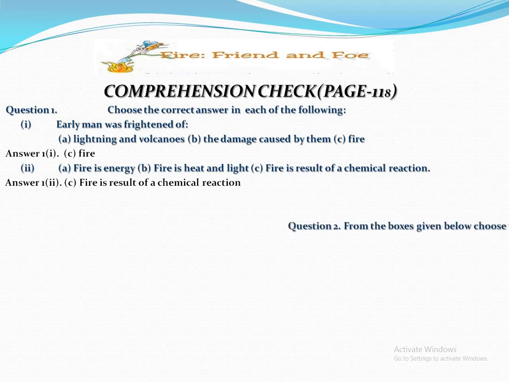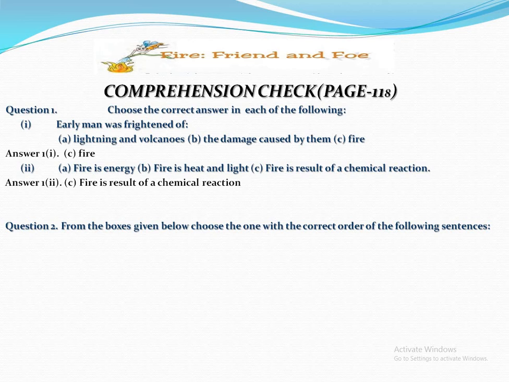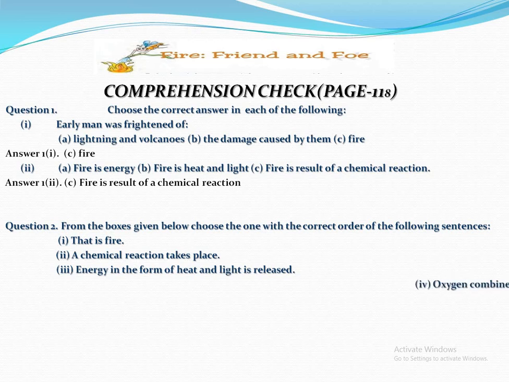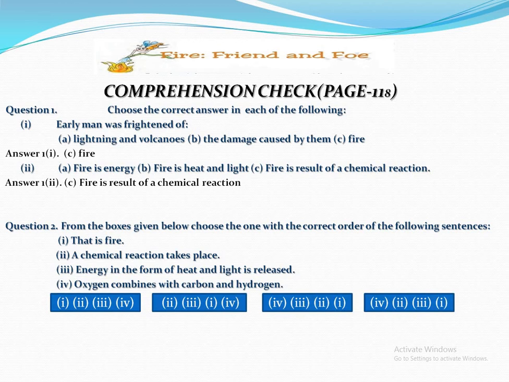Now question number 2. From the boxes given below, choose the one with the correct order of the following sentences. The sentences are first one, that is fire. Second one, a chemical reaction takes place. Third one, energy in the form of heat and light is released. Fourth one, oxygen combines with carbon and hydrogen.